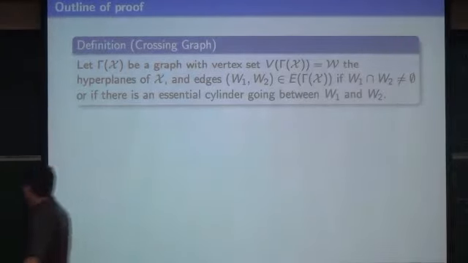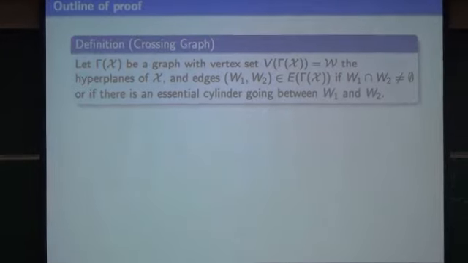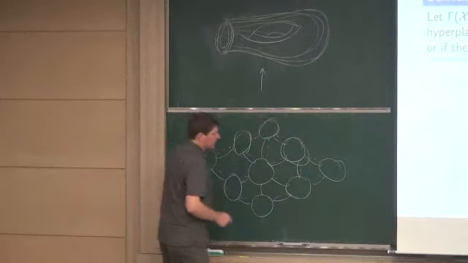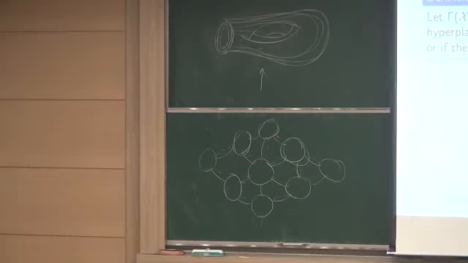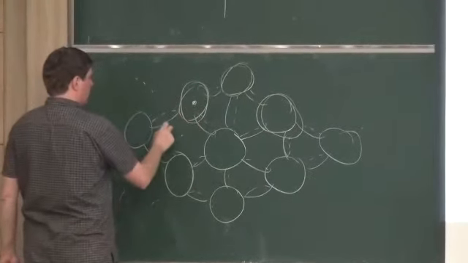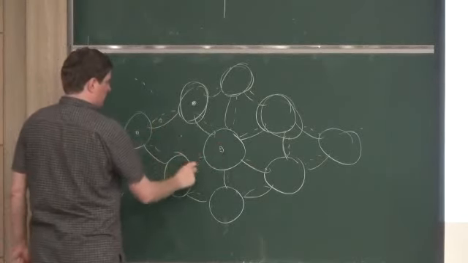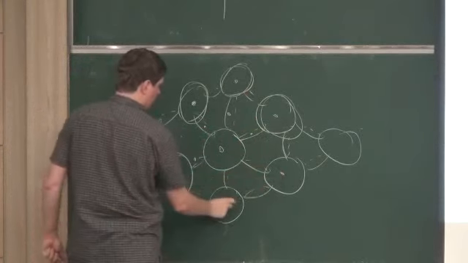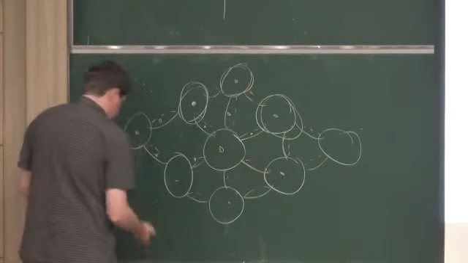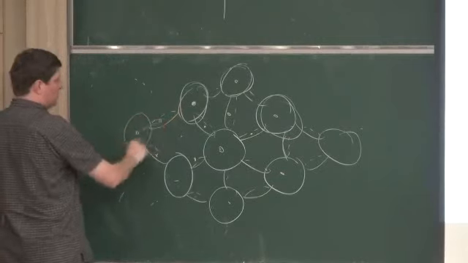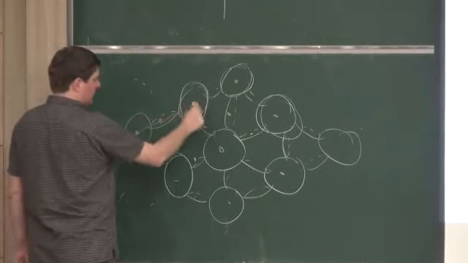So in this covering space of this surface, there's all these walls here, so I'm going to get a vertex. I'll draw all the vertices. So there's a vertex here. There's a vertex here for each of these walls in this covering space. And I'll draw an edge between them whenever the two walls cross. So this wall and this wall cross, so there's an edge there. This wall and this wall cross, there's an edge there. These guys cross.